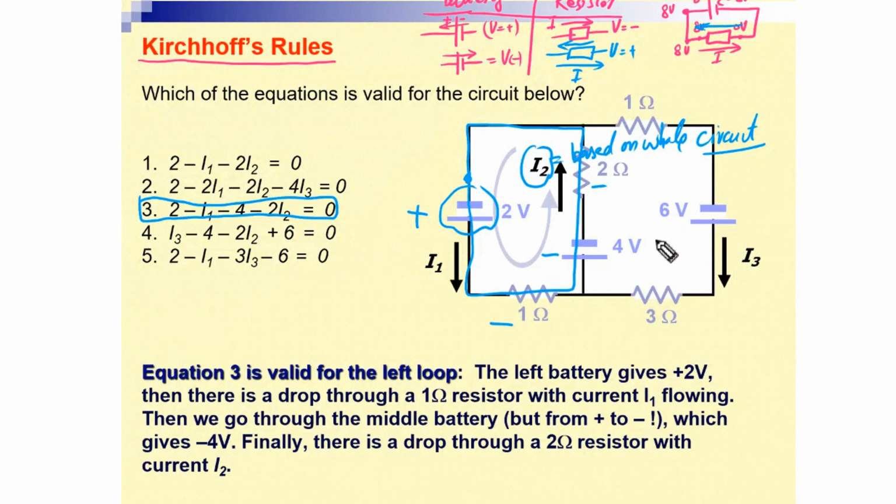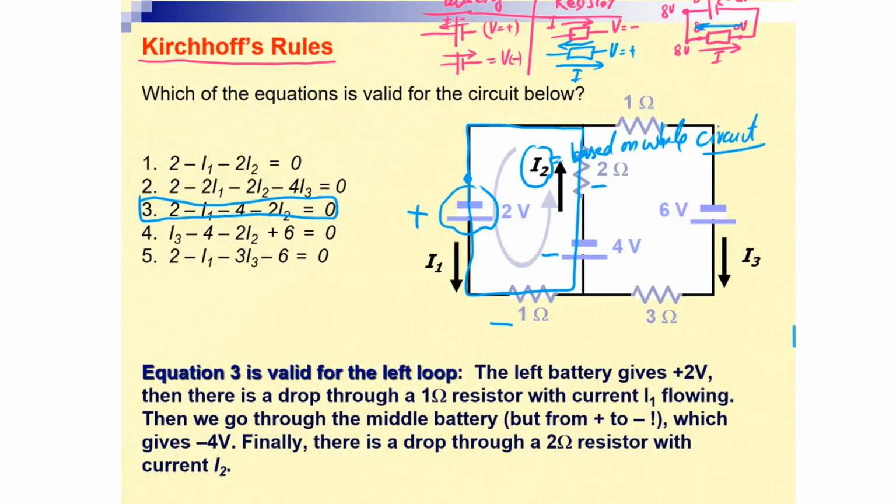We will take the whole circuit, so the effect is there. I hope it is clear to you. These 4 points you need to understand, and any direction you can take, doesn't matter, as long as you are consistent, that's all.